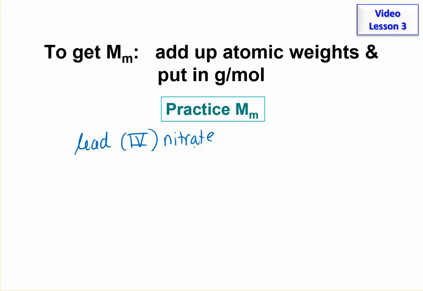Lead is a metal. This is a polyatomic ion, so I'm going to write charges. Lead goes first, then nitrate. Nitrate I know is -1. What about this lead? How do I get a charge of lead? Remember that the Roman numeral tells us the charge, so it's +4. Then to get a good formula, I need to cross these down. Nothing reduces. Let me just clean it up.